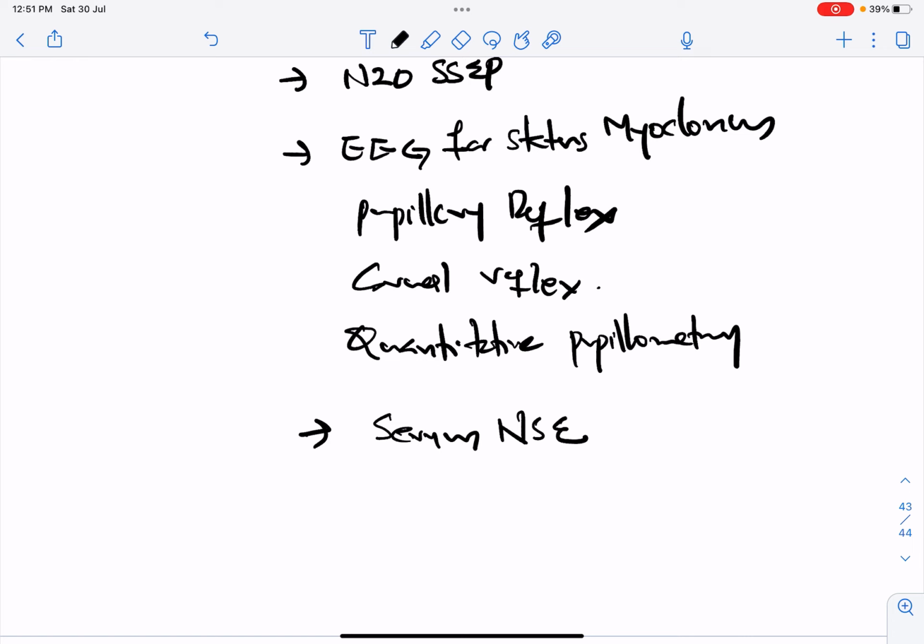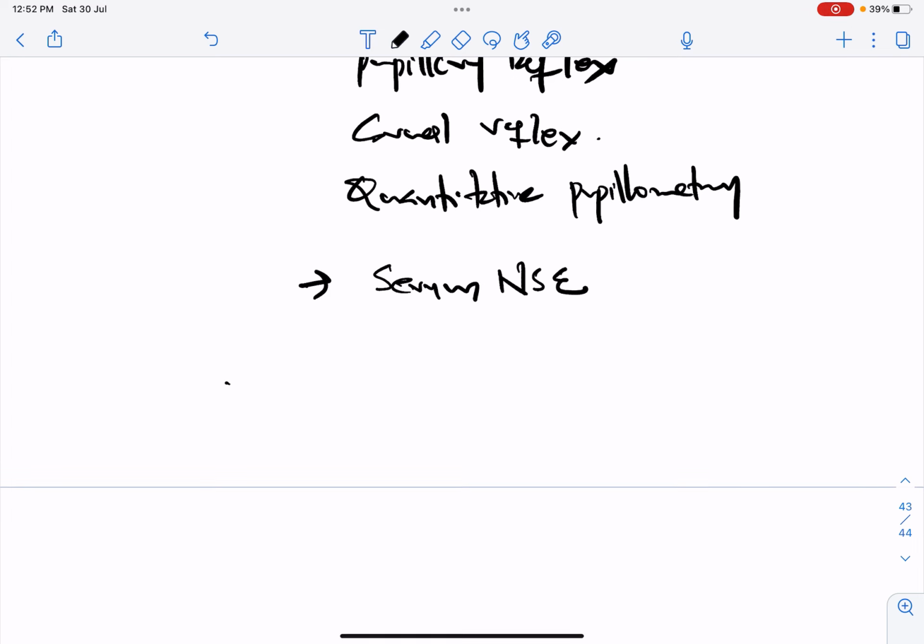For the patient who remains comatose, it is reasonable to delay the neuroprognostication. So usually we prefer to do the neuroprognostication at least after 72 hours of normothermia.